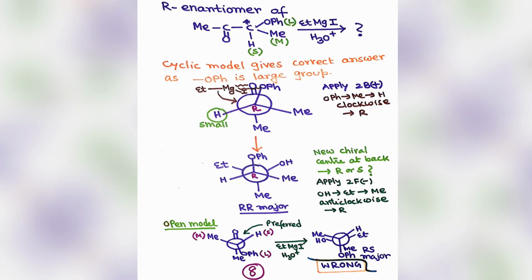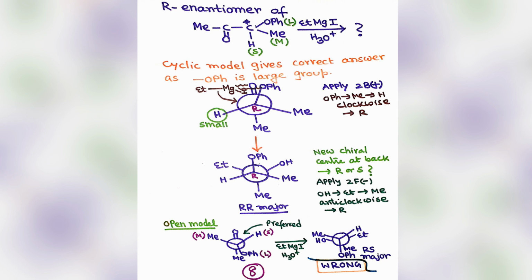Now coming to the next example, where the chiral center next to the C double bond O has a phenoxy group, which is the largest group present at the chiral center. In this case the chiral center contains the OPh group, methyl group, and hydrogen, other than C double bond O. So the OPh group has the highest bulk, meaning it can be considered a large group.